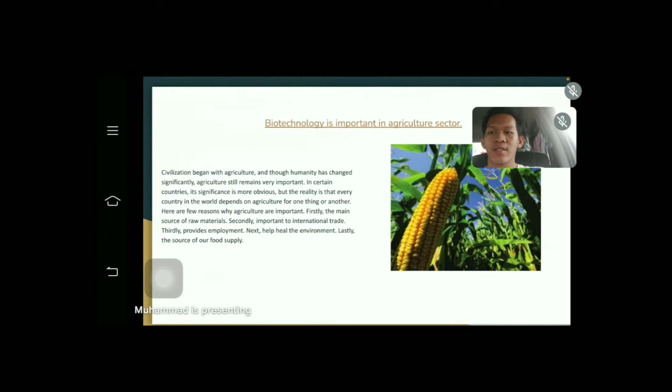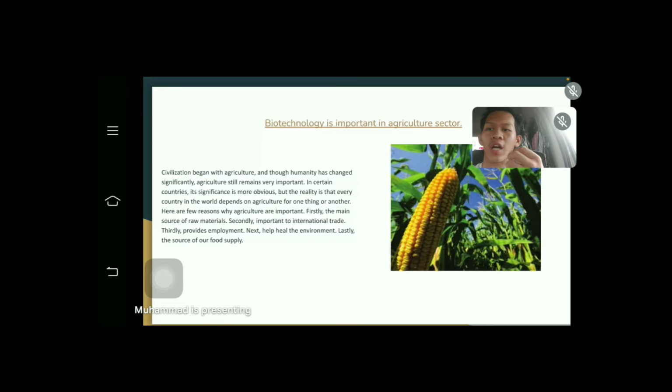Civilization began with agriculture, and though humanity has changed significantly, agriculture still remains very important.